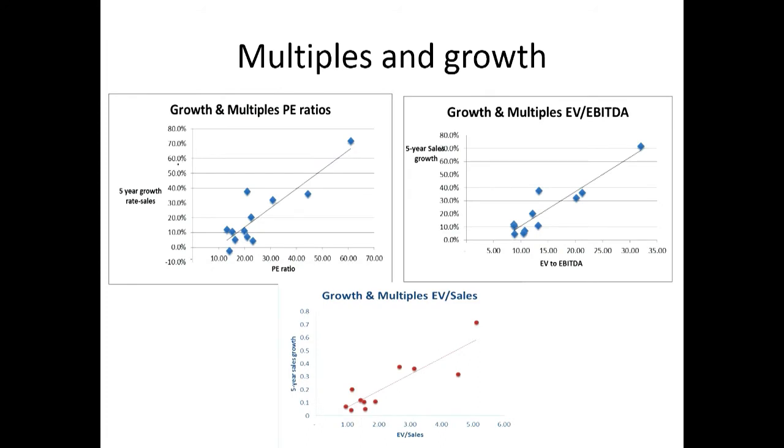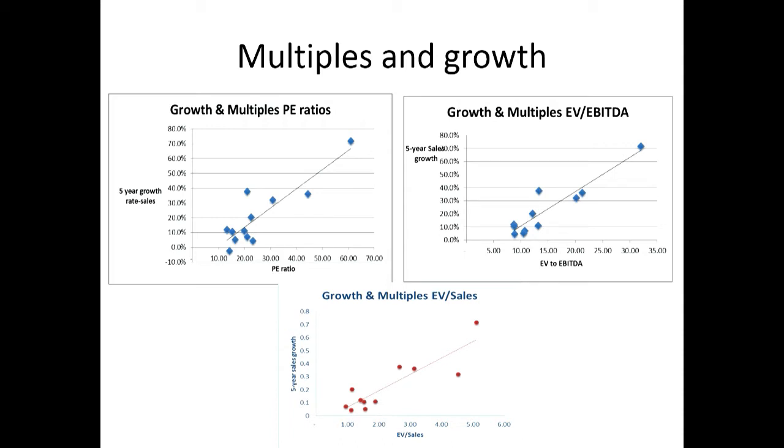Here is the 5-year growth rate for sales on this axis and the PE ratio on this one. Pretty much what we see is that as growth goes up, this is historic growth, the multiples go up.